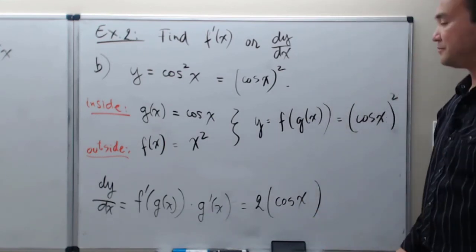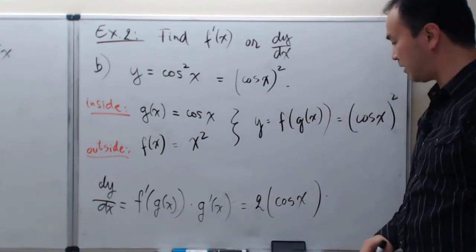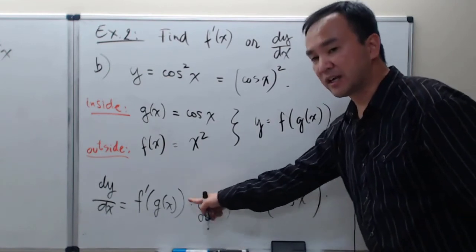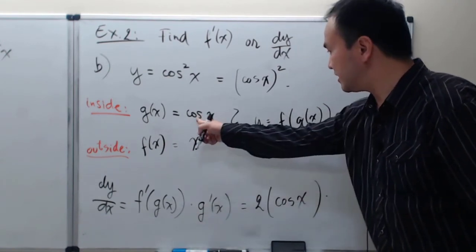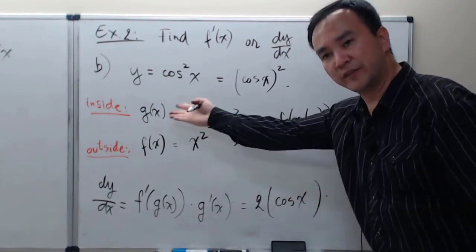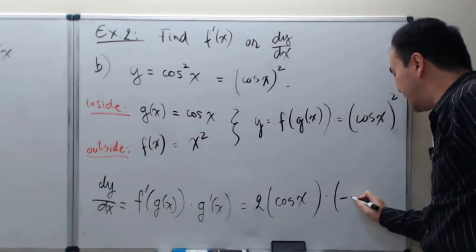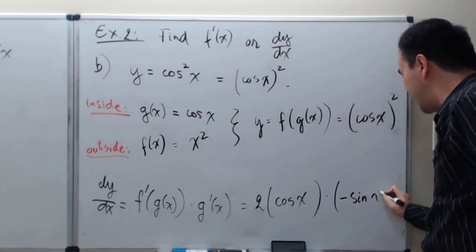Okay, but we're not done. We need to now multiply with the derivative of the inside. The inside function here is cosine of x, so the derivative of cosine is negative sine of x.